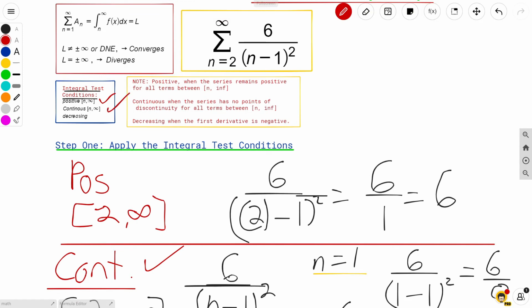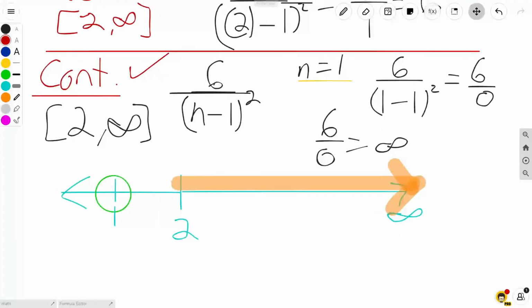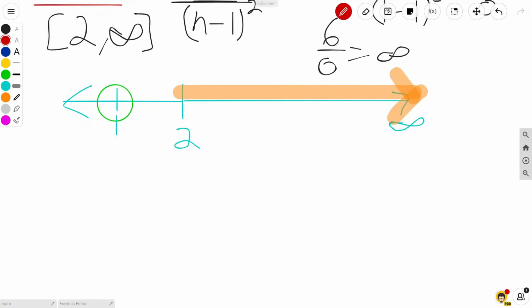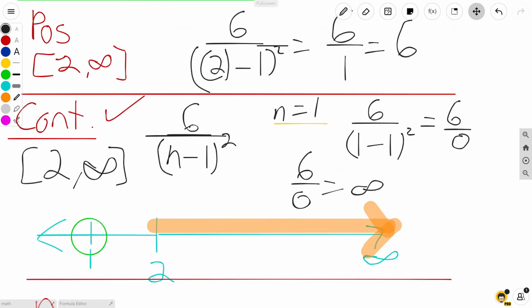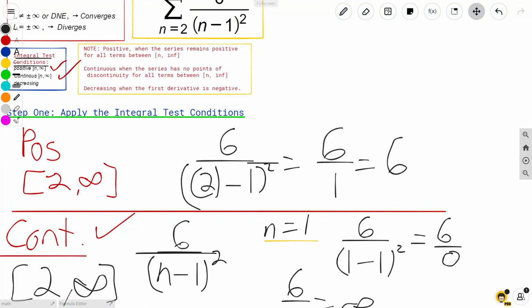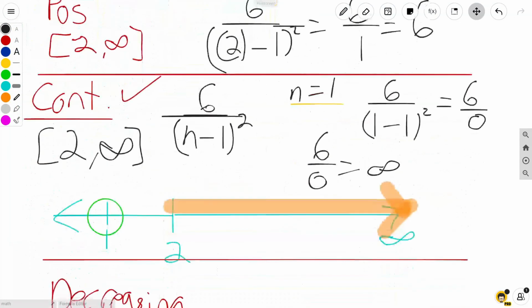So now does it check off condition number 3? What's condition number 3? Condition number 3 is if it's not positive, if it's decreasing. And how do we do that? Well, we can test for decreasing by taking the first derivative test and seeing if it's negative.